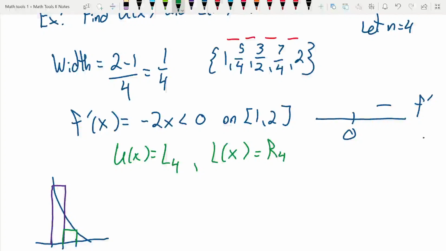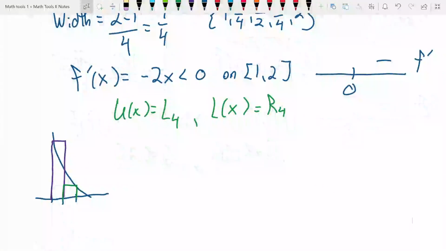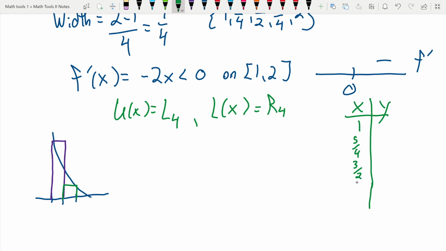Okay. So to do these, we'll need to know what the x and y values are at these endpoints, right? So 1, 5/4, 3/2, 7/4, and 2. You could just use the decimal forms for a lot of these here.